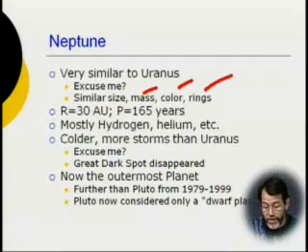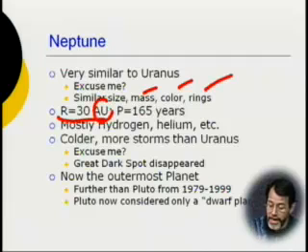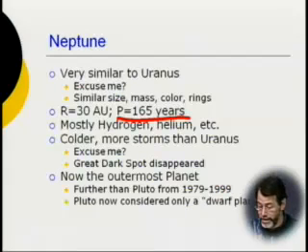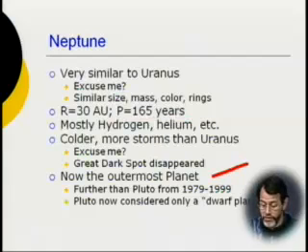It has rings also. Its distance from the sun is 30 astronomical units. An astronomical unit is the distance between the Earth and the sun. So Neptune orbits 30 times the distance of the Earth. It takes 165 years for Neptune to complete an orbit. Neptune is now the outermost planet. There's two reasons for this.